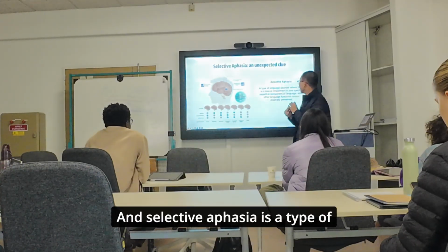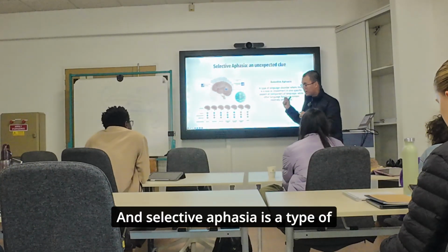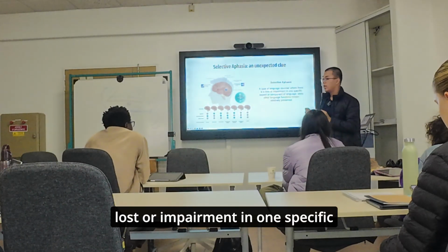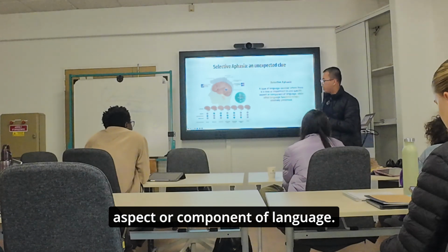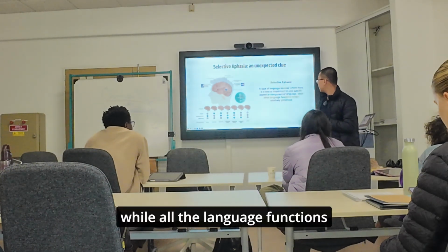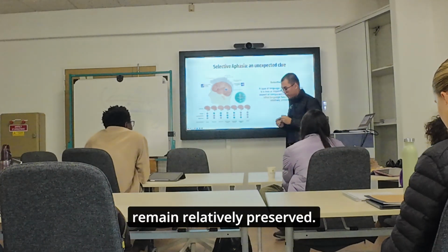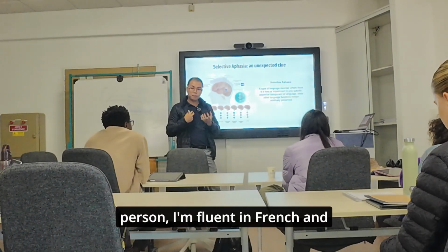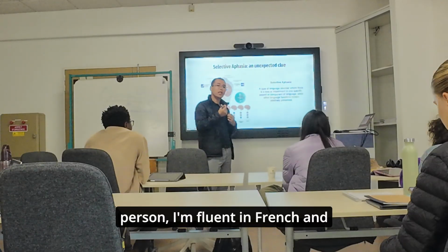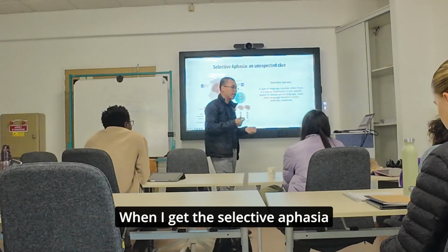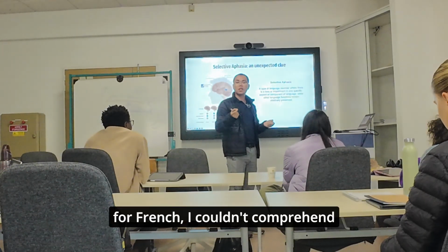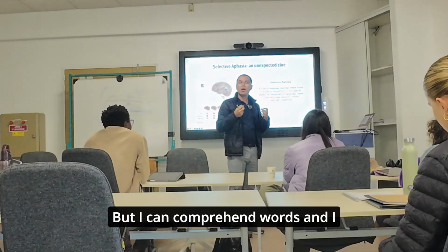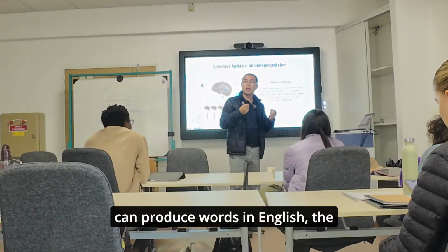Selective aphasia is a type of language disorder where there's a loss or impairment in one specific aspect or component of language, while other language functions remain relatively preserved. For example, if I'm a bilingual person, fluent in French and English, when I get selective aphasia for French, I couldn't comprehend it, but I can comprehend and produce words in English.